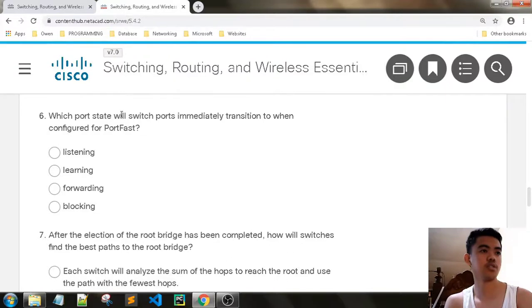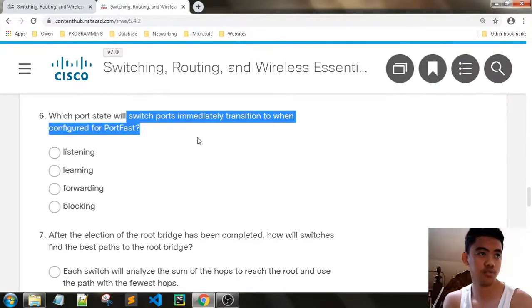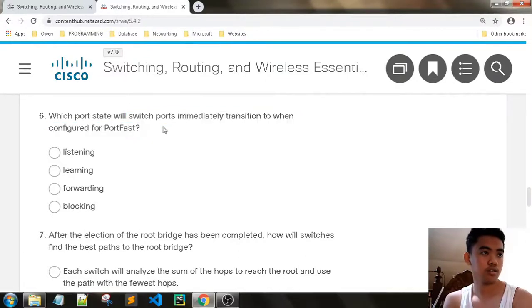Which port state will switch ports immediately transition to when configured for PortFast? So when configuring with PortFast, it immediately transitions to forwarding.